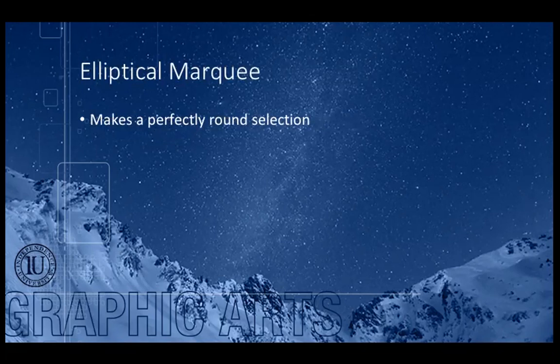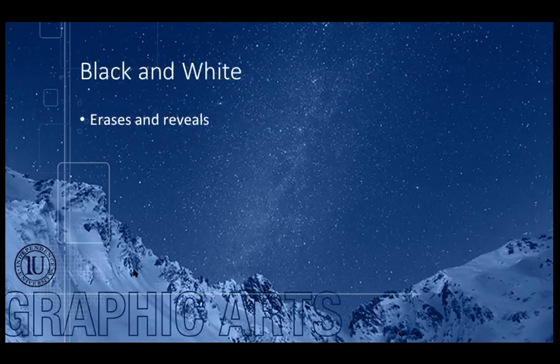The elliptical marquee is a tool that makes a perfectly round selection. Those marching ants that you saw, we can actually take a look at in a second here. There's also the square marquee, and obviously that makes a square instead of a circle.